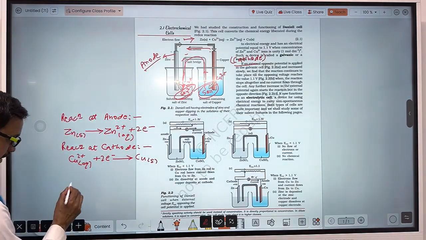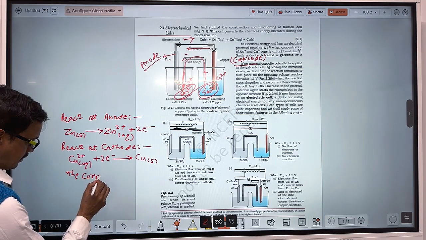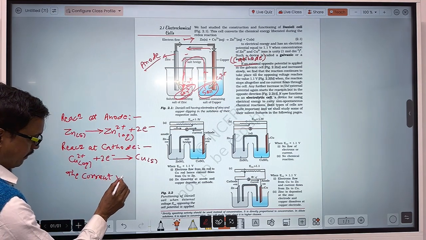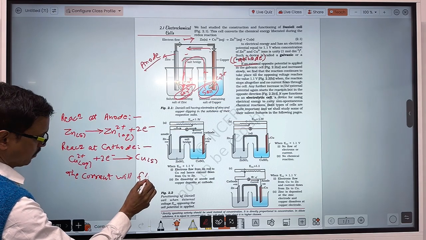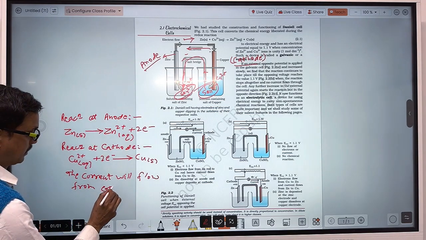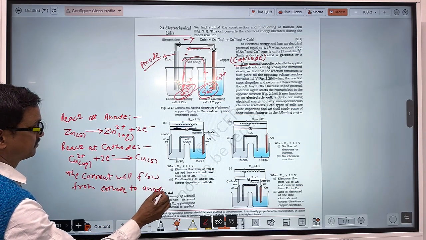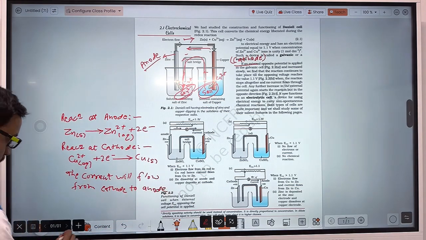Now what happened? The current will flow from cathode to anode. Okay.